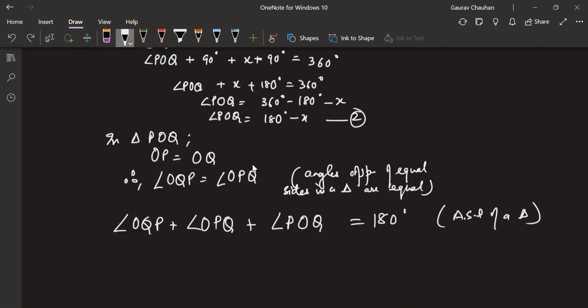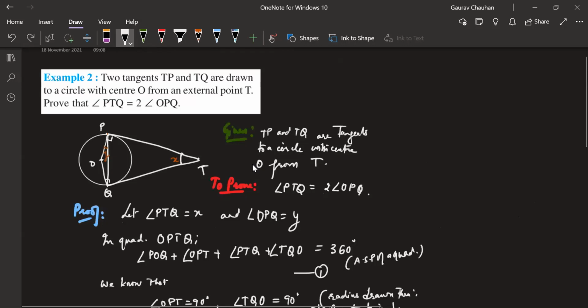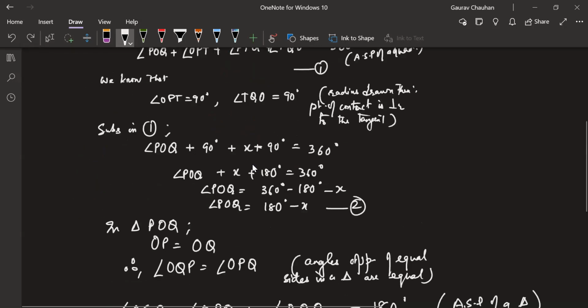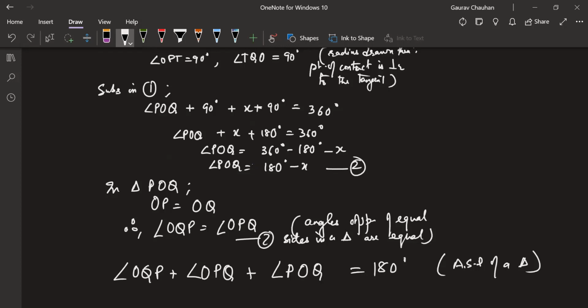Now angle OQP. Actually, we don't need the y thing here. What is angle OPQ? We have it here. So from 3, you can cut the y thing out.